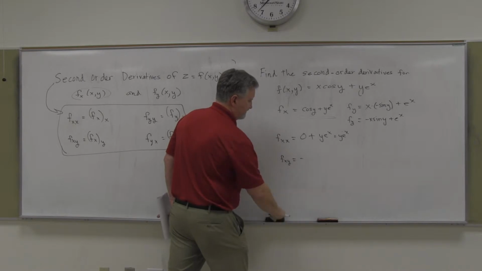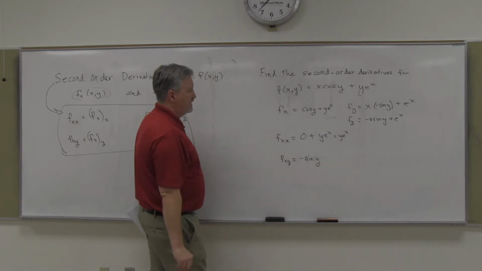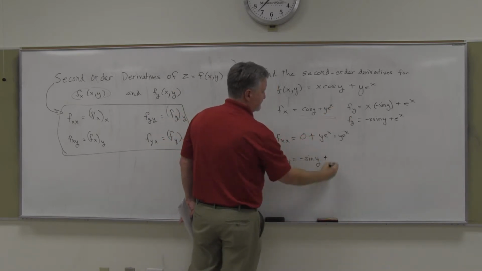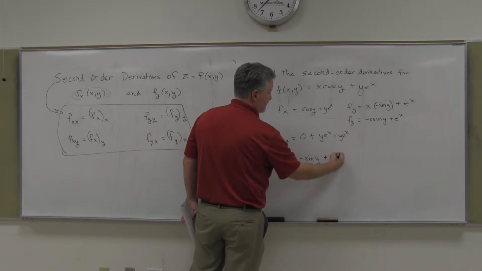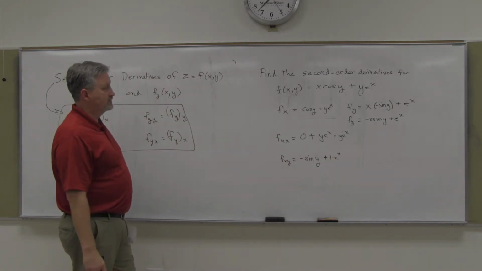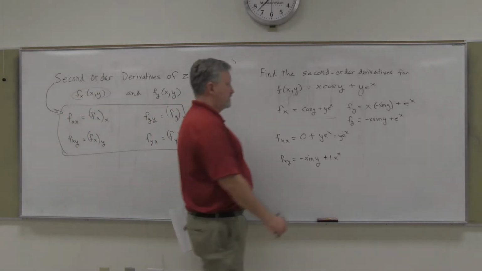Negative sine y, since the derivative of cosine is negative sine. And then here, y e to the x: e to the x is fixed, so it's just 1 times e to the x. That sound right? All right, then we do the same thing over here.